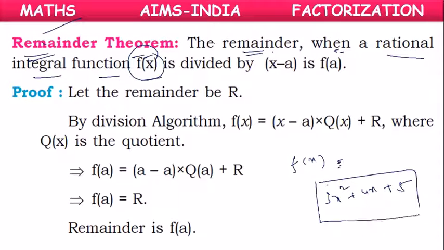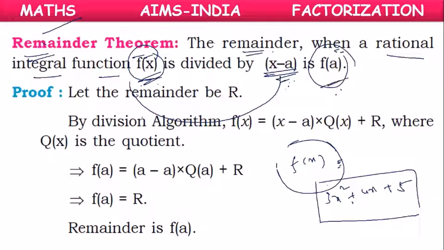If this function f of x is divided by x minus a, or if x minus a is a factor of f of x, then the remainder will be f of a. Actually, if it completely divides, the remainder will be 0. If it does not completely divide, the remainder will be some number or expression which will be equal to f of a.